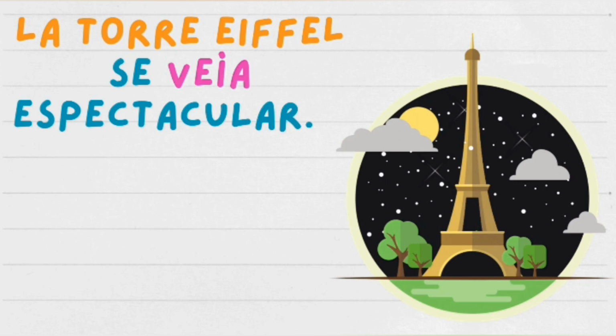So if you want to say the Eiffel Tower looked spectacular, in Spanish you have to say La Torre Eiffel, the Eiffel Tower, looked, se veía, spectacular, espectacular. So to say the Eiffel Tower looked spectacular, you have to say La Torre Eiffel se veía espectacular in Spanish.